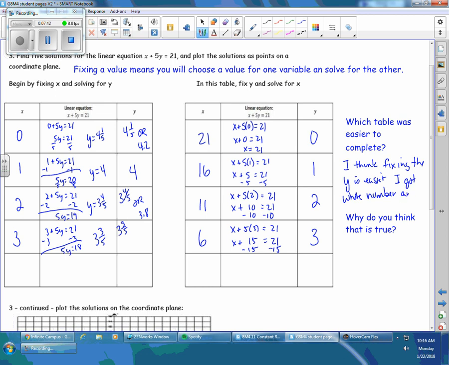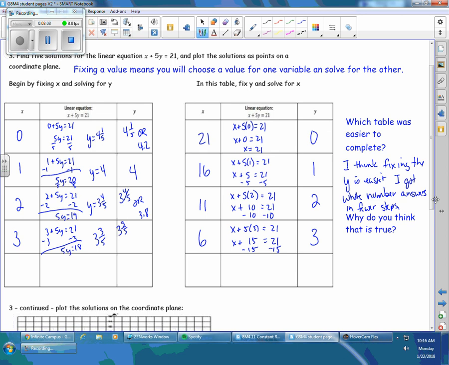I got whole number answers in fewer steps. Why do you think it's true that fixing y was easier than fixing the x? What's happening to the y? Well, y is being multiplied by a 5, isn't it? Y has a coefficient, and x is all by itself.